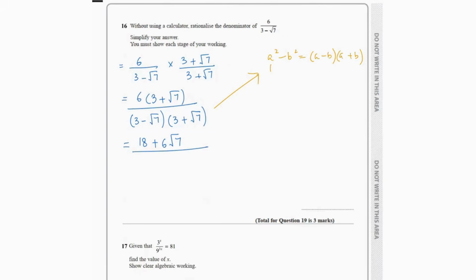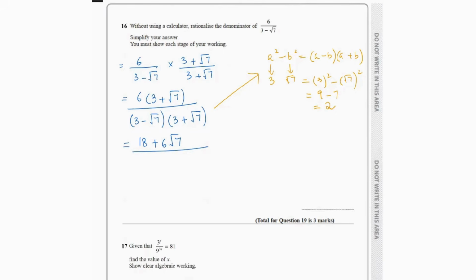So over here, our a is going to be 3 and b is going to be root 7. So when you square, 3 square minus root 7 square, square of square root is the number in the root, so that becomes 7, and 3 square is 9. So 9 minus 7 is 2.